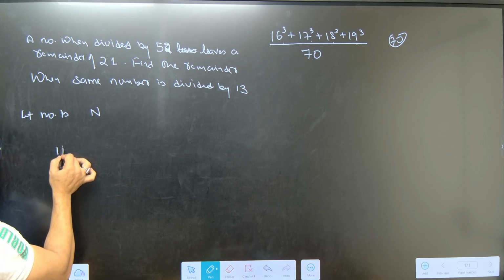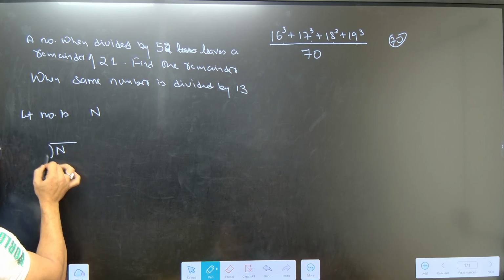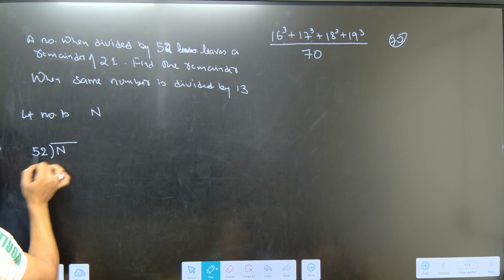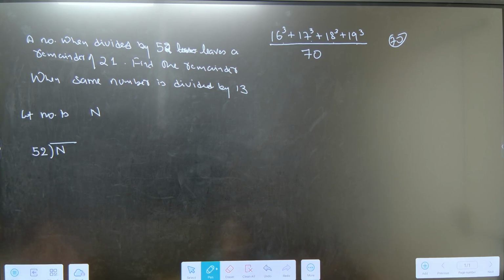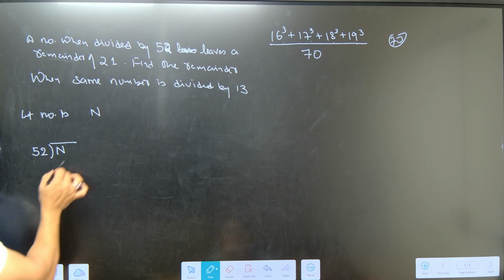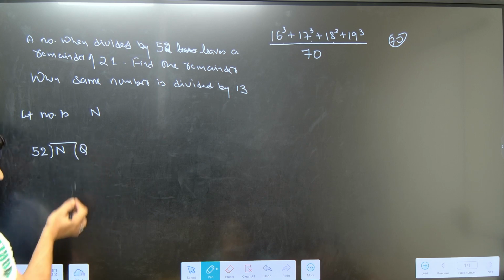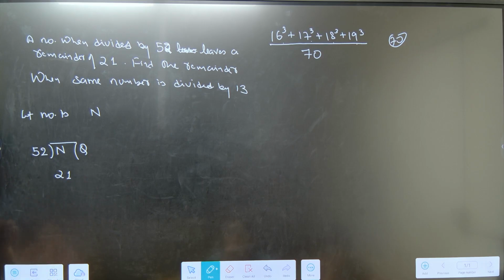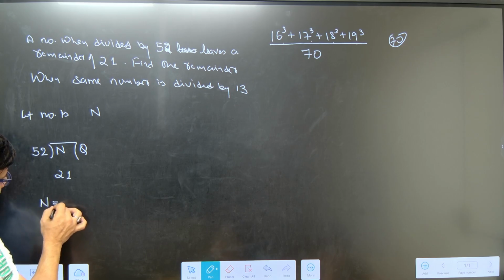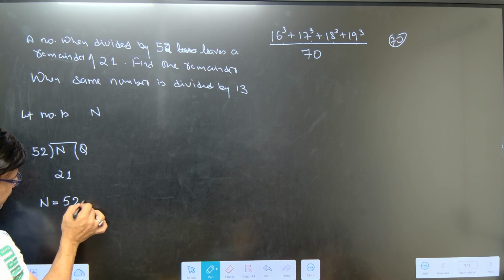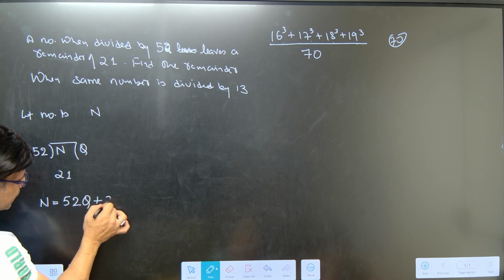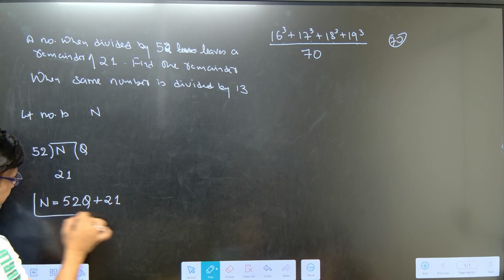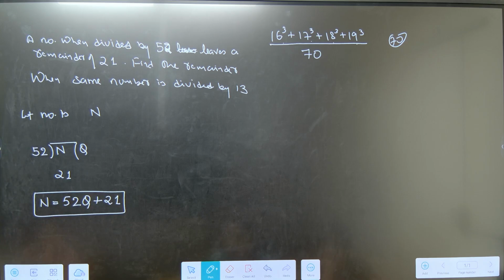Now they are saying when you divide n by 52, it will give you some quotient for sure, and the remainder as 21. This is how we write it. So our number n is equal to 52q plus 21.